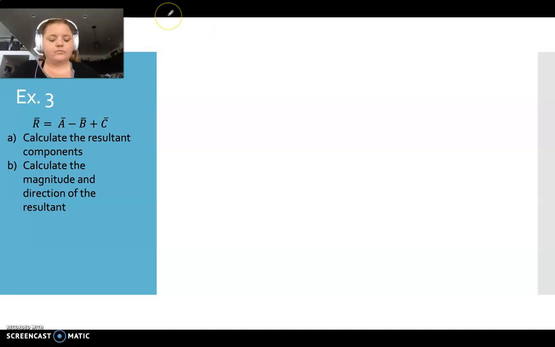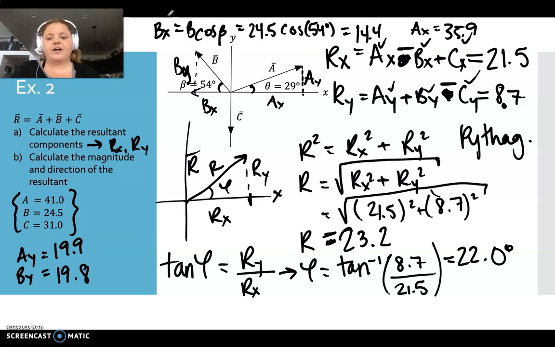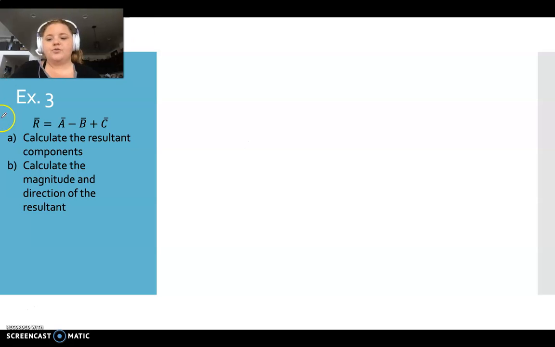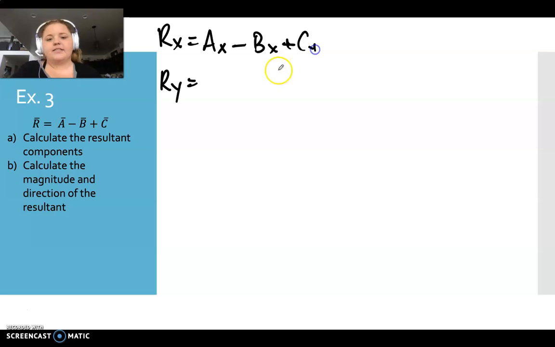Okay, so in the last one, we found all of our components, right? Our a sub x, a sub y, and so on. And what we'll do now is use those to find our new resultant. So r sub x and r sub y are now going to be ax minus bx plus cx, and then ay minus by plus cy.